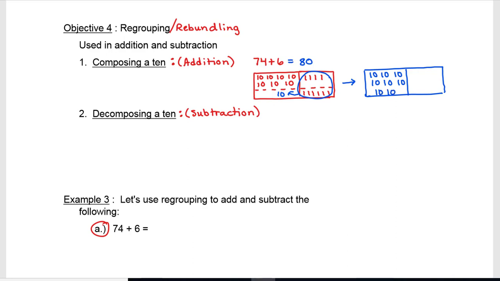Okay, let's see what expanded form looks like. And I'll put the expanded form up above here. So let's do 74 plus 6. Well, that's 70 plus 4. And then we have plus 6.